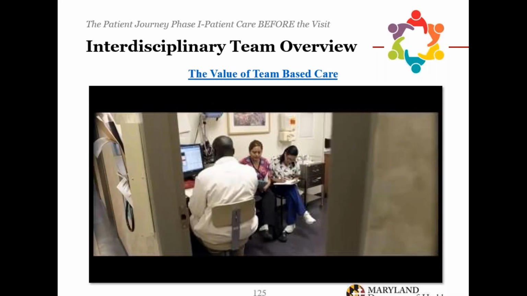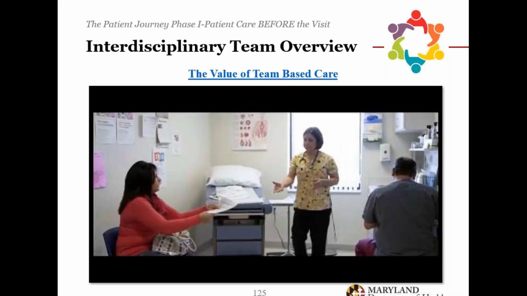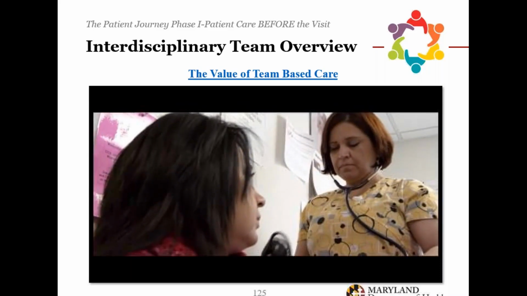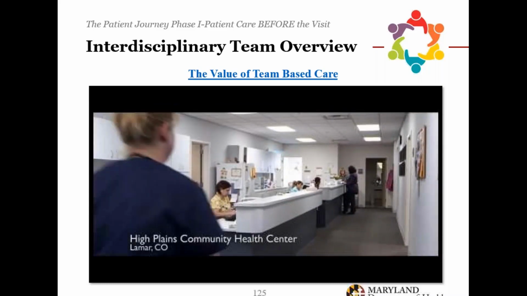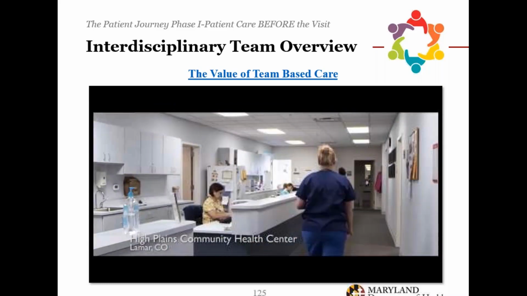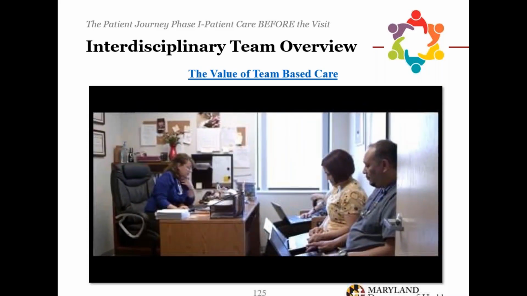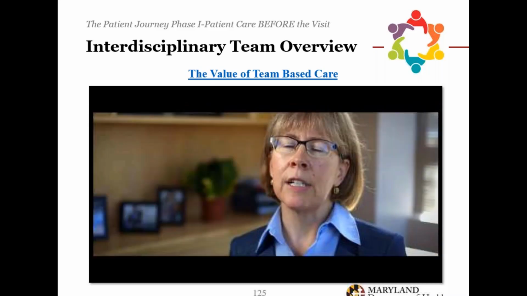Frontline workers in health have an enormous role to play, and when they are recognized and incorporated in a meaningful way in these teams, they become extraordinarily powerful workers. So, for example, at High Plains in Colorado, they have integrated medical assistants onto the care team to pretty high levels. They're using ratios of 3 medical assistants to every clinician.